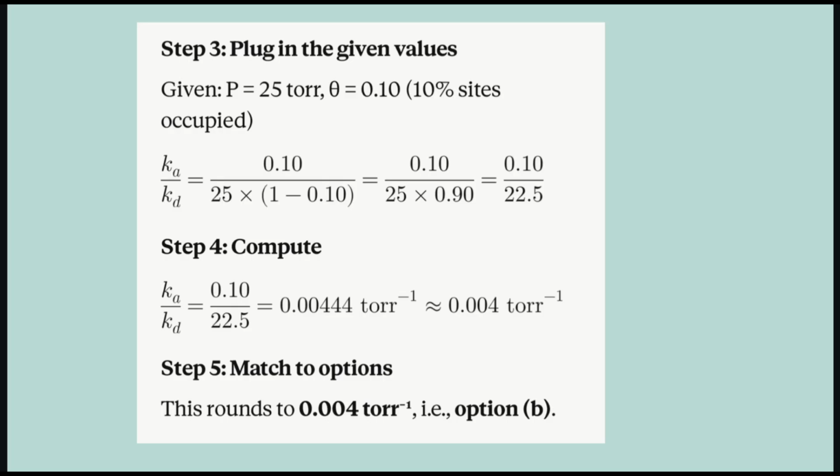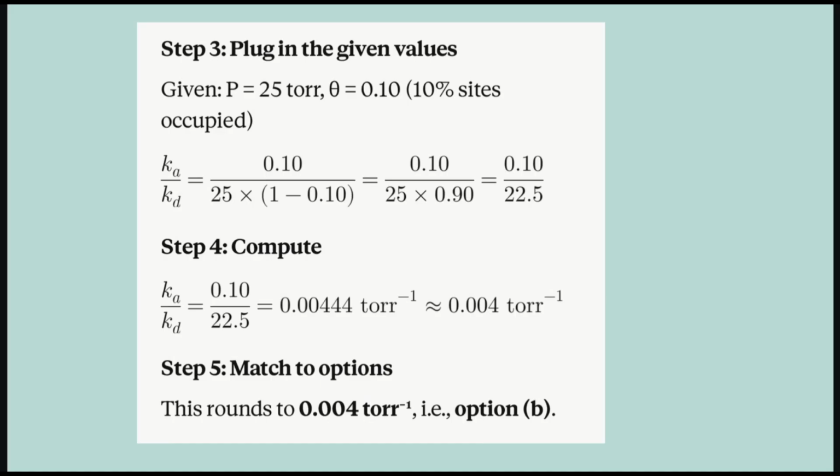Plug in the given values. Given pressure P is equal to 25 torr, theta is equal to 0.10, that means 10% sites occupied. So Ka divided by Kd is equal to 0.10 divided by 25 into 1 minus 0.10, that is equal to 0.10 divided by 25 into 0.90, that is equal to 0.10 divided by 22.5.